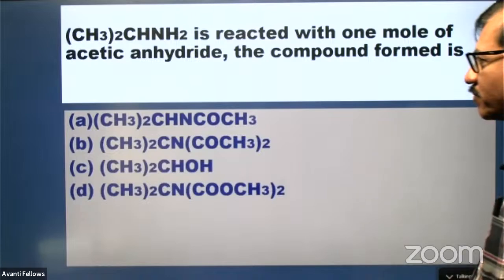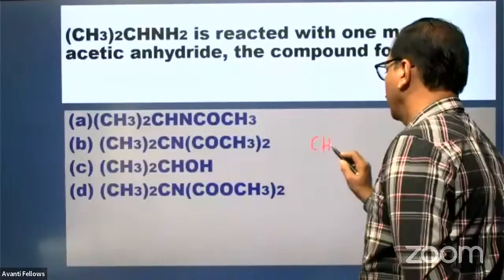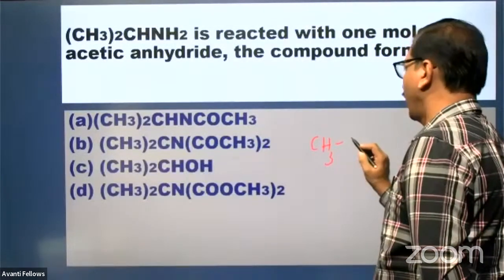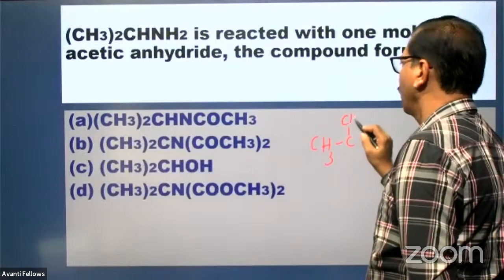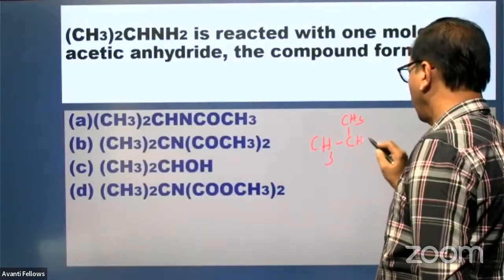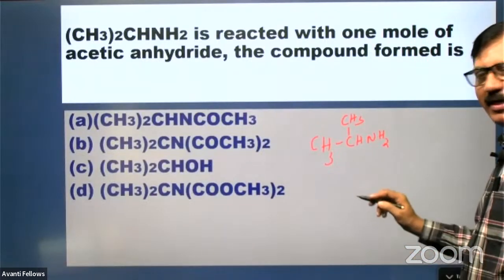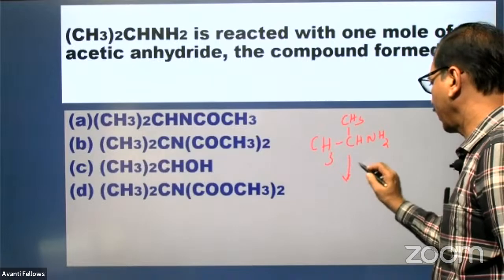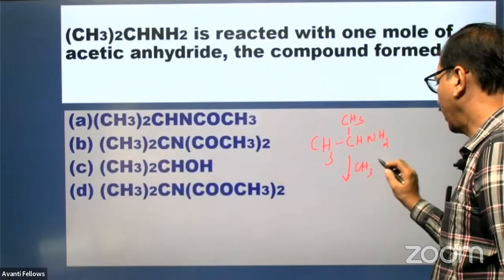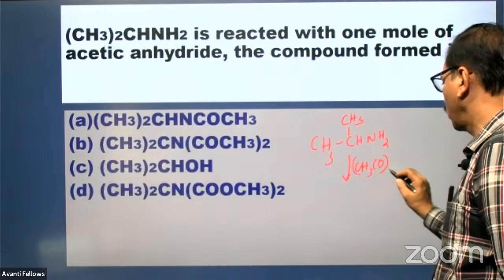See, this is (CH3)2CHNH2, and the reaction is with acetic anhydride, (CH3CO)2O.